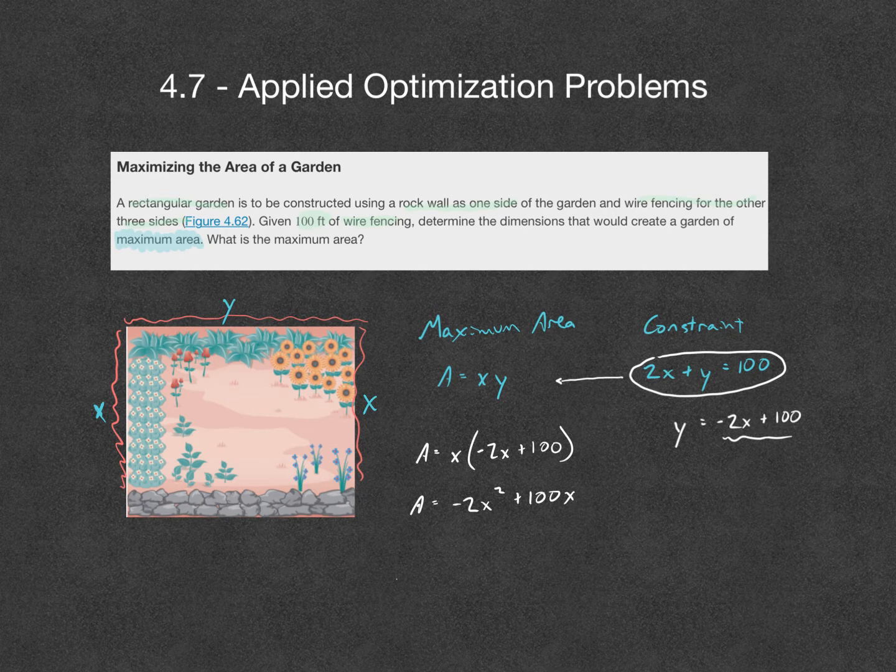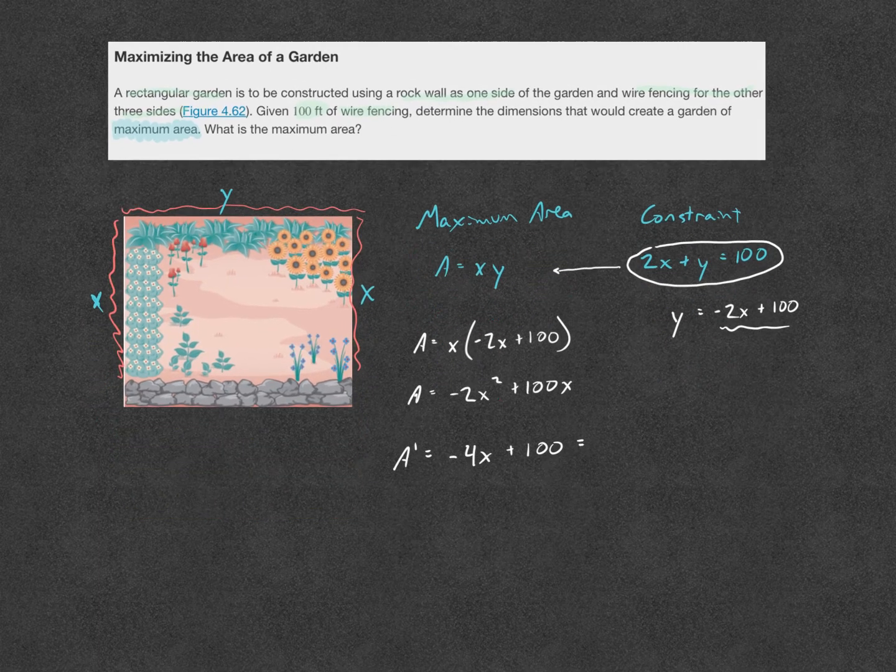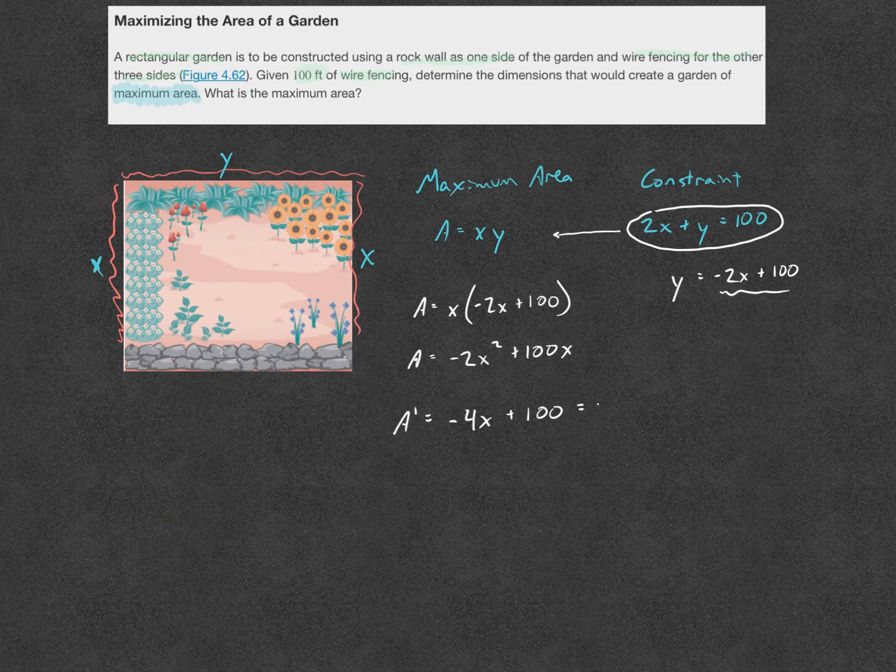So let's do that. A prime is negative 4x to the first power plus 100. And then we'll set that equal to 0. Let me scroll up a little bit here. All right, so we add the 4x to both sides. 4x is equal to 100. Divide by 4. We find that x is equal to 25.